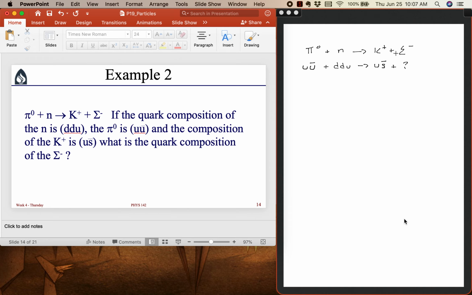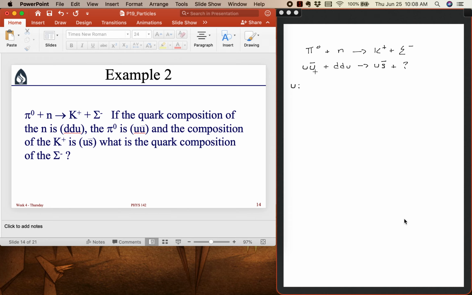So we can figure out the composition of the mystery particle by conserving quark type. If we look at each type that's represented here individually, let's start with the up quark. We can represent up quarks as a +1 and an anti-up quark as a -1 for upness, let's call this.